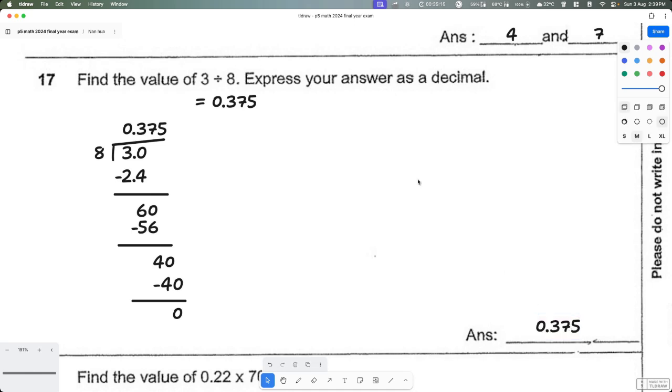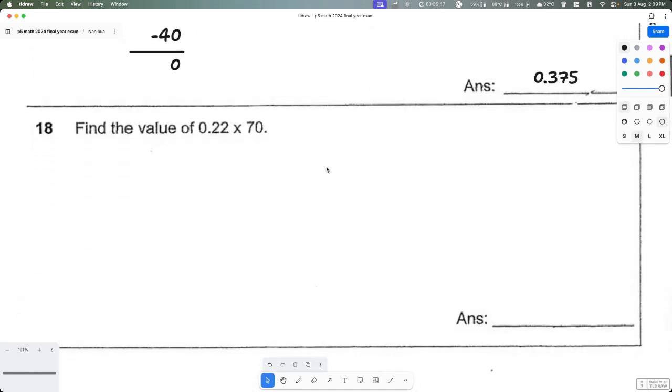All right, let's move on to the next question. Question number 18. Find the value of 0.22 times 7 times 10. For this case, usually I will just break the 7 times 10. So 0.22 times 7 times 10.